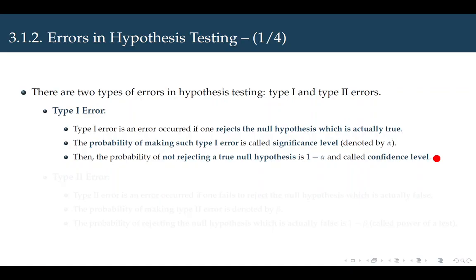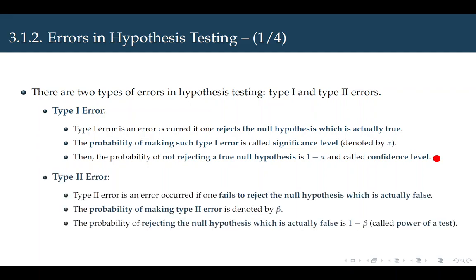So alpha is the probability of making type 1 error, the probability of rejecting a true null hypothesis, and the confidence level is the probability of not rejecting a true null hypothesis, which is 1 minus alpha. And the second error is type 2 error. This error occurs if one fails to reject the null hypothesis, which is actually false.